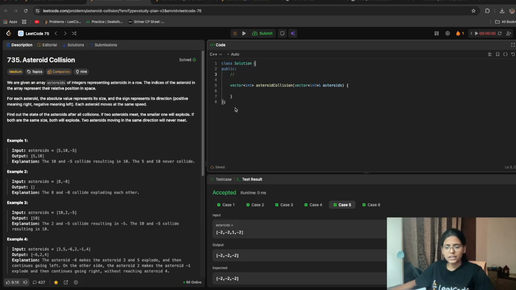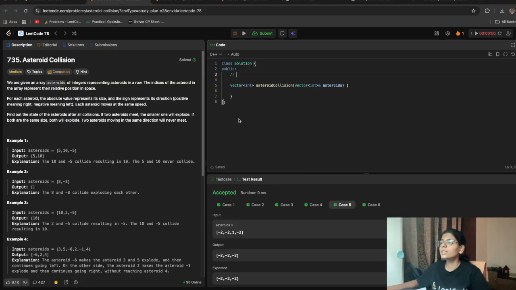And how can we say the asteroid will collide with another one? We'll take a current asteroid, and we'll see if there is any asteroid before it which is coming towards my asteroid, or I am going towards it. Basically, A going towards B or B going towards A. Both will be the same for this question. And yeah, that we have to check.